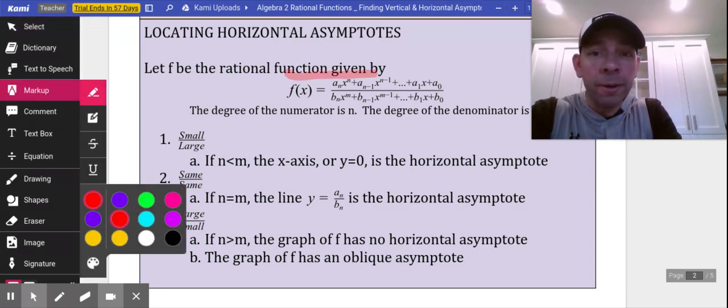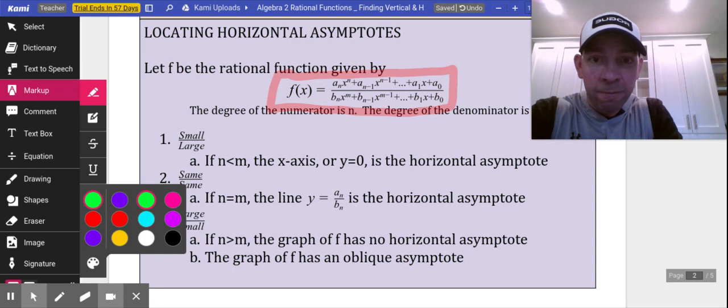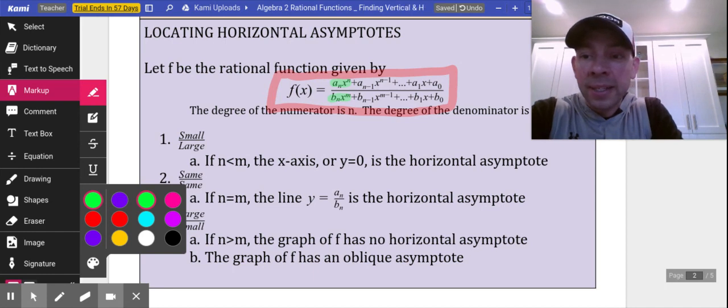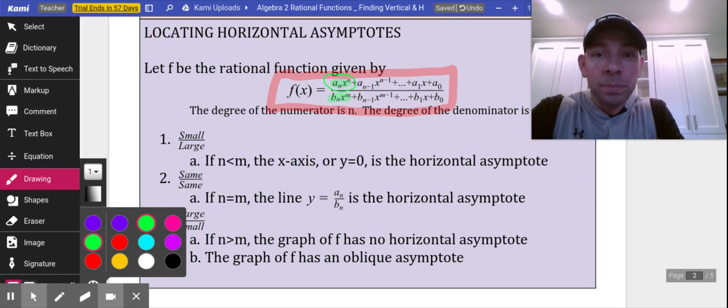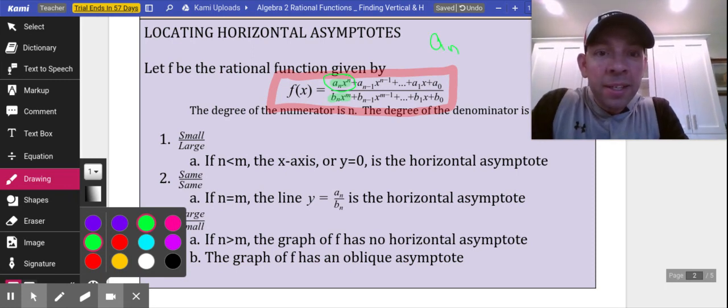Okay, does this look scary or what? Well, all you really got to focus on is the first term in the numerator and the first term in the denominator. When I look at this first term right here, a sub n is the coefficient, and then I've got my variable x raised to the nth power.